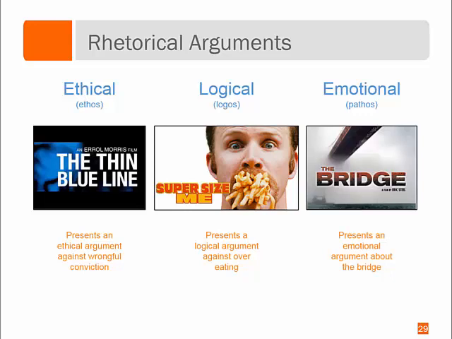We all have a perspective that it's just this super beautiful, romantic location that we'd all like to see at some point in our life. What this particular documentary film does is it presents an emotional argument about the bridge.